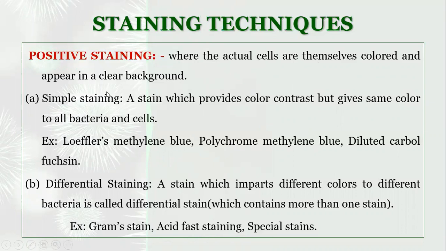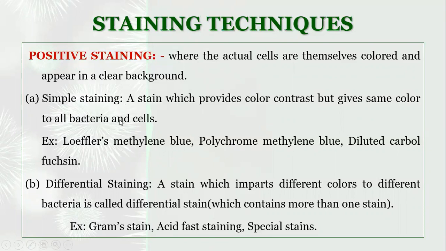The positive staining techniques are simple staining and differential staining. Simple staining includes a single stain. It is also known as monochrome staining. It uses a single stain, which gives color to the bacteria and all the cell components.